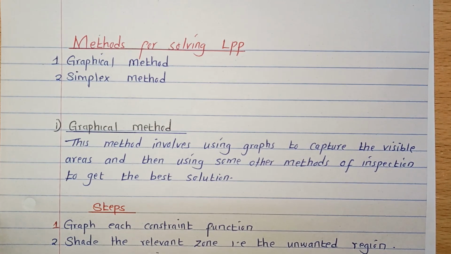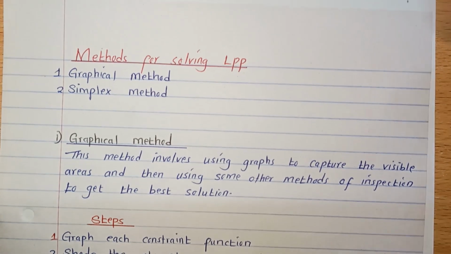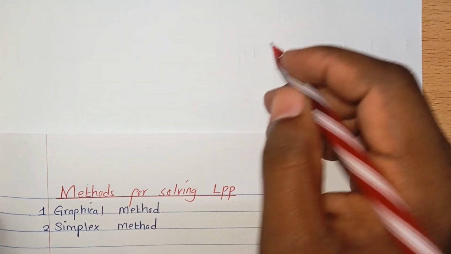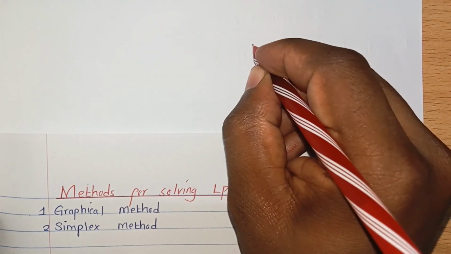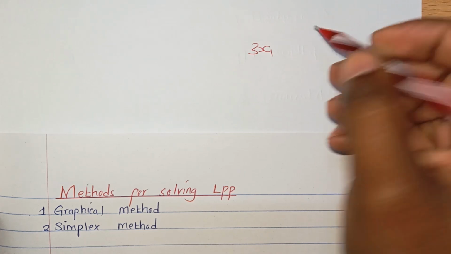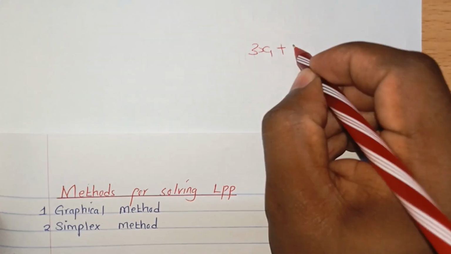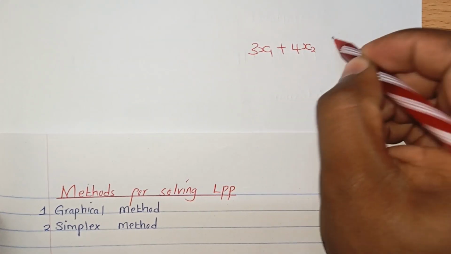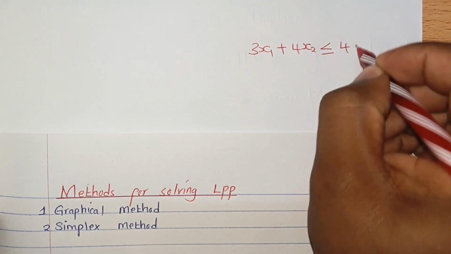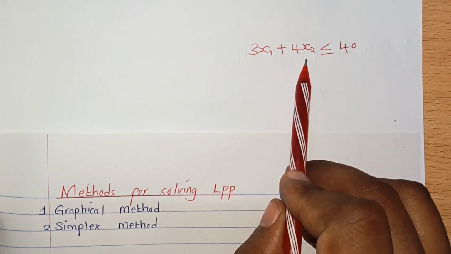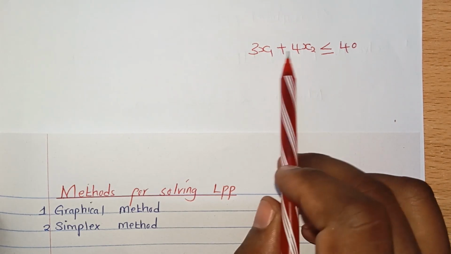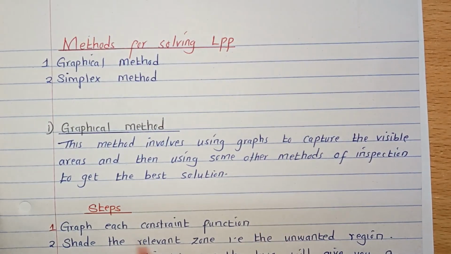Assume you have been given a constraint that looks like this, let's say 3x1 plus 4x2 is less than or equal to 40. Having been given this constraint, you need to plot it on the Cartesian plane. That's what step number 1 says.